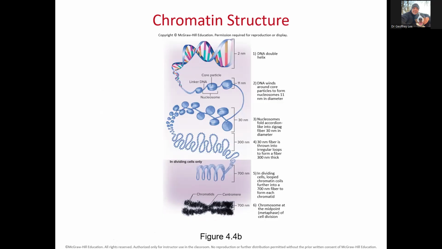The weird thing is this: when they're attached to each other in the middle, at this area we call the centromere, they count as one chromosome, even though there's enough genetic material for two. But since they're attached, it only counts as one.